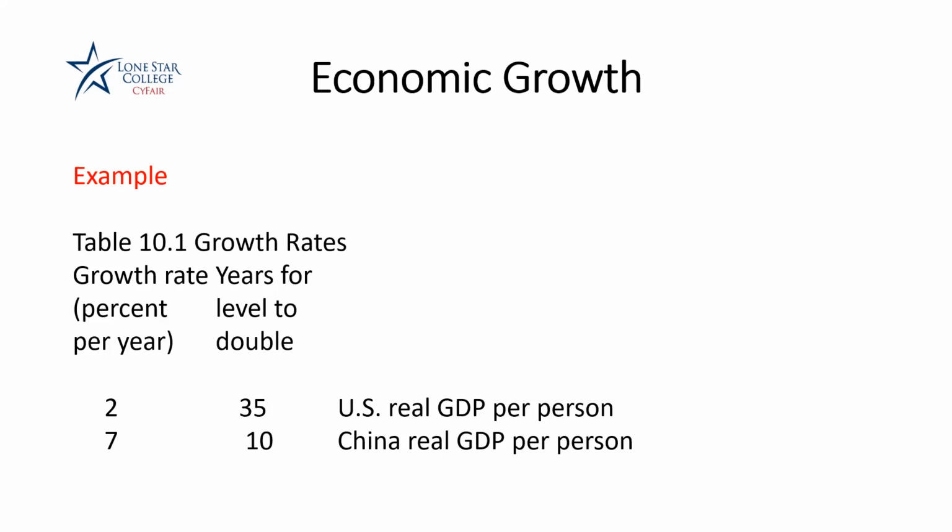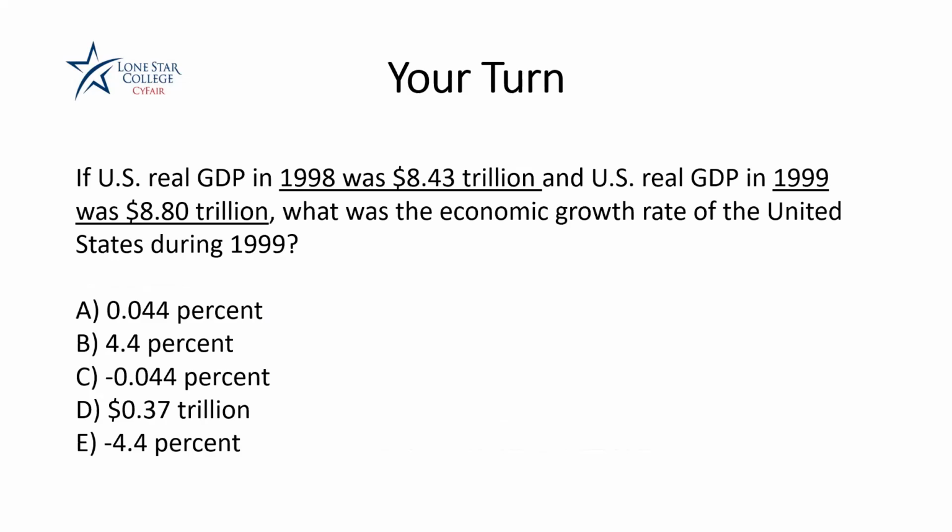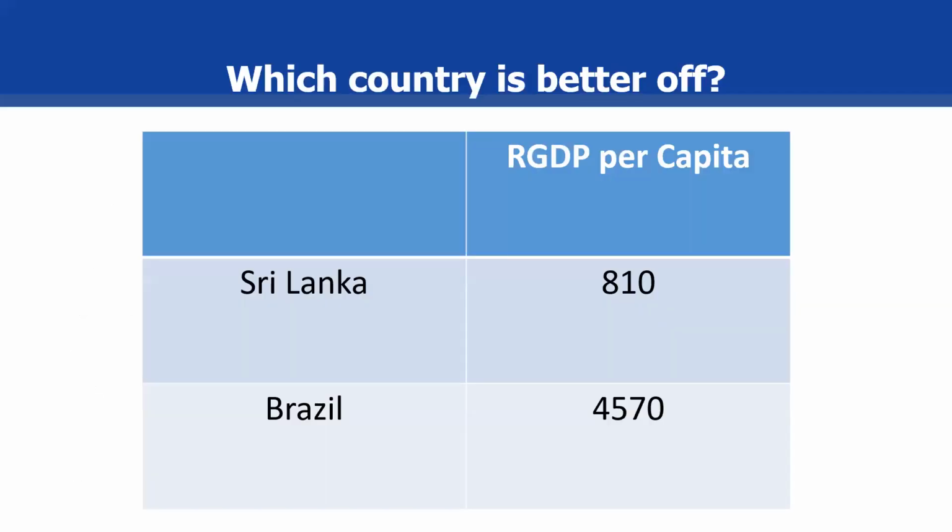And for China, it will take only 10 years if their current economic growth rate is 7%. So again, this is not 100% accurate, but it is kind of an estimate, and it will allow economies and politicians to know how much they should invest in the economy if they're interested in increasing the economic growth rate over time and in the future.